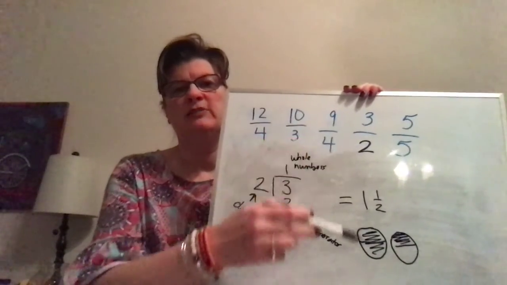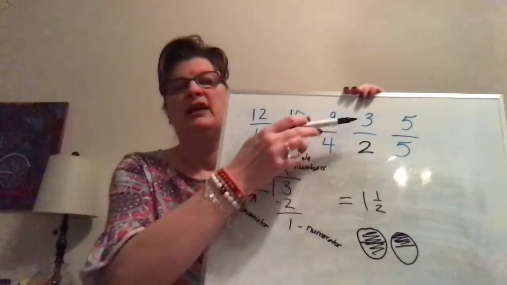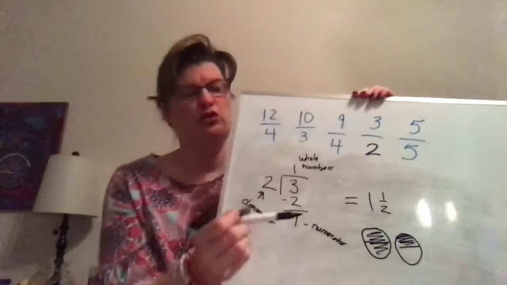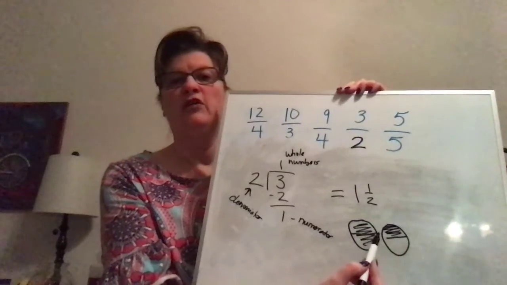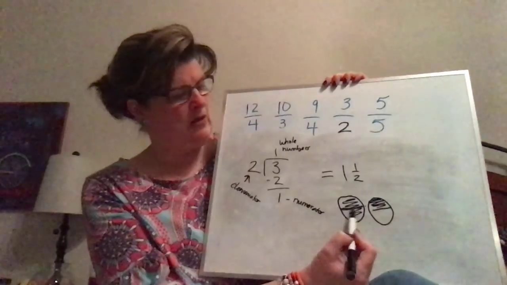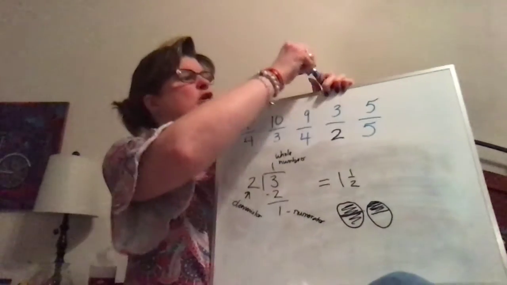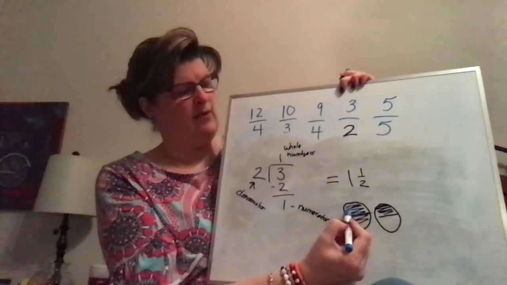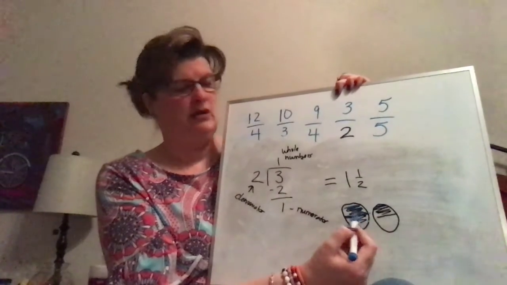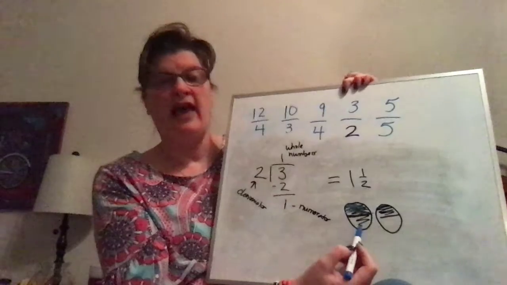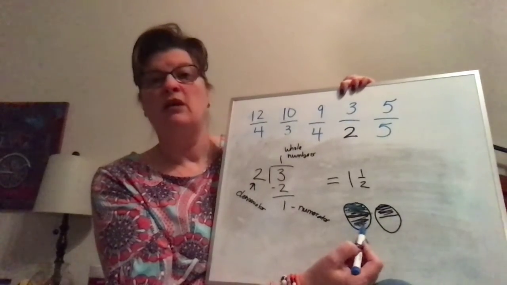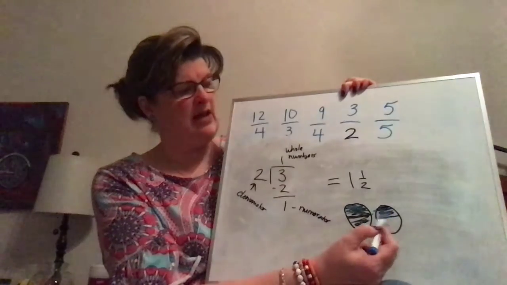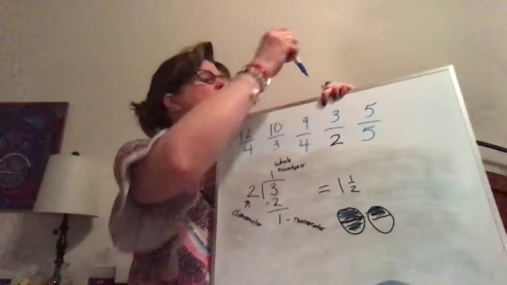The denominator tells me I have 2 parts, 1 and 2. And then how many am I using? 3. So if I color this top half, maybe with a different color, this top half, this blue right here, that's 1/2. The bottom, 2 halves, and then the top would be 3 halves.